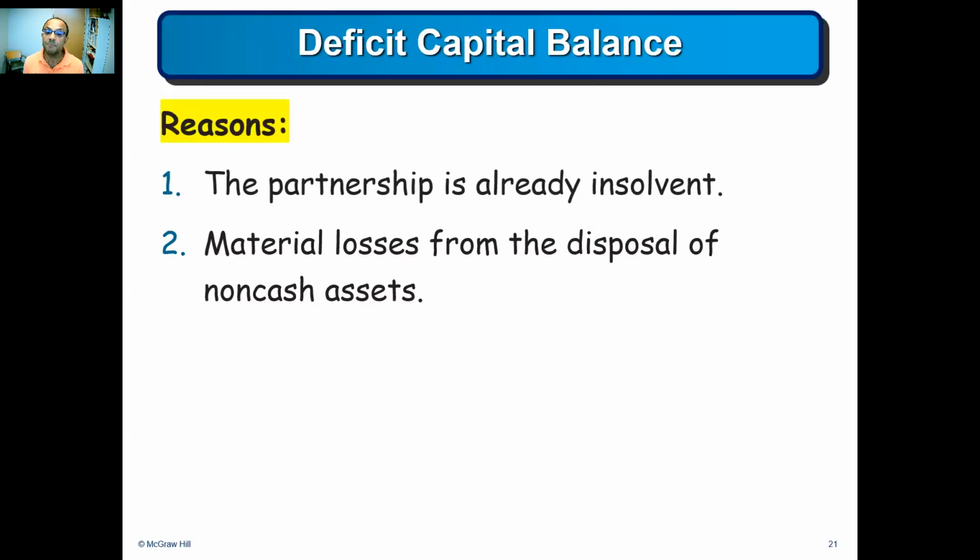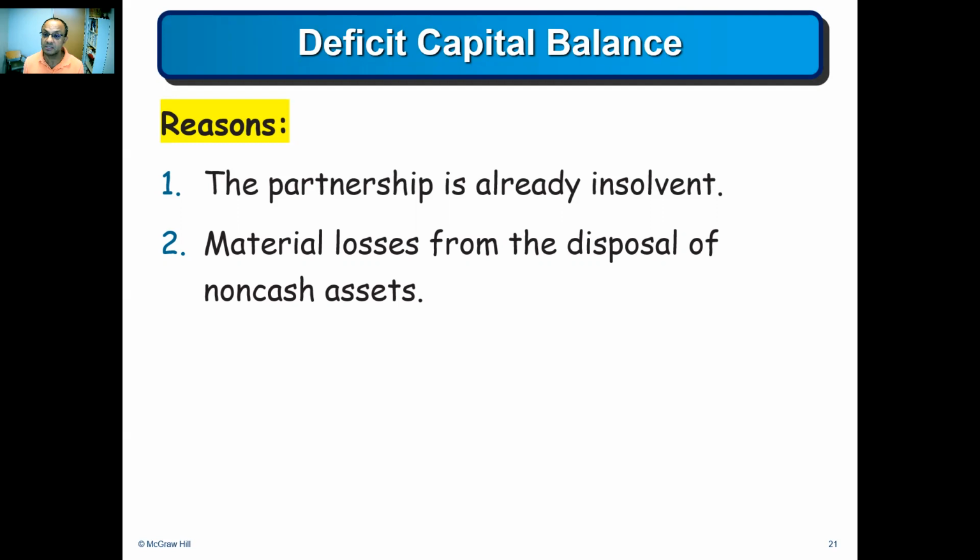Or the company might have incurred some big losses from selling the non-cash assets. At the liquidation time, the company usually sells all the inventory, accounts receivable, and all the fixed assets. And in this transaction of selling the non-cash assets, the company might make big losses.